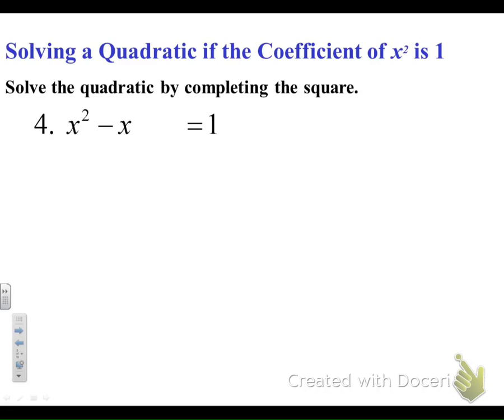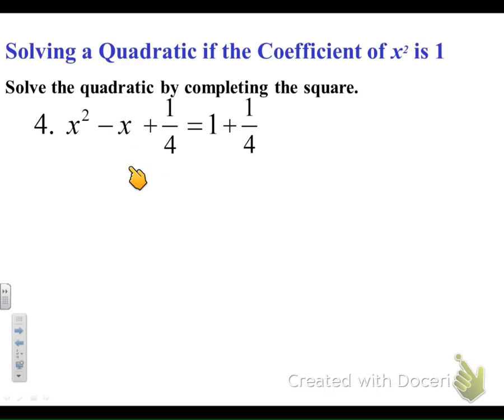Let me back up, because if you took negative 1 and divided it by 2, that's negative 1/2. If you square negative 1/2, you actually get 1/4. So technically, I'm going to be adding 1/4 to both sides. Adding 1/4 on this side completed the square.